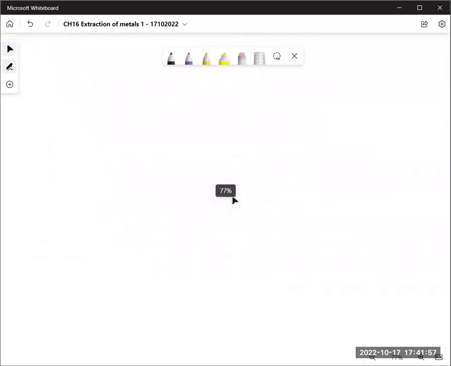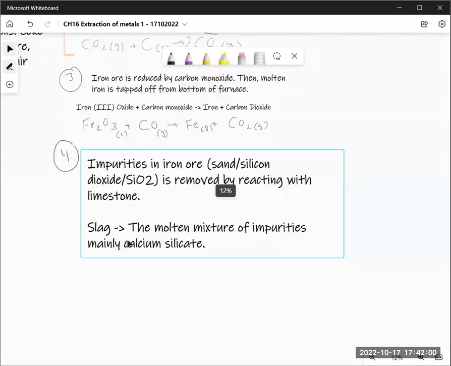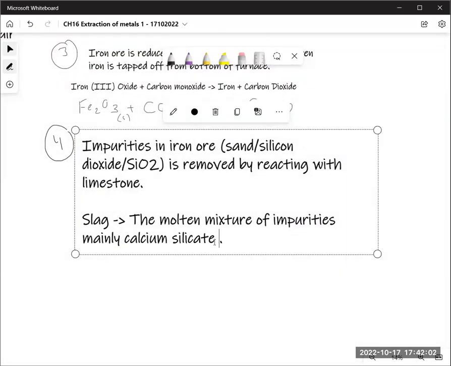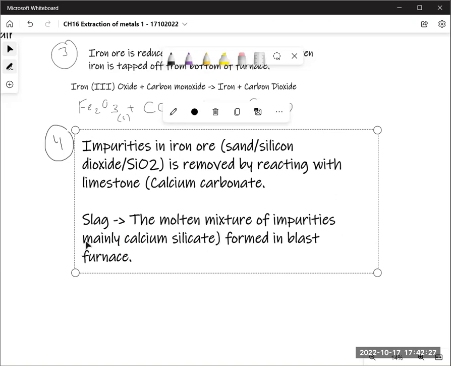Safa, read the fourth point out loud. Impurities in iron ore, sand, silicon dioxide, SiO2, is removed by reacting with limestone. Slag, the molten mixture of impurities, mainly calcium silicate, formed in blast furnace. So the answer in the exam you write for slag is the molten mixture of impurities formed in blast furnace.